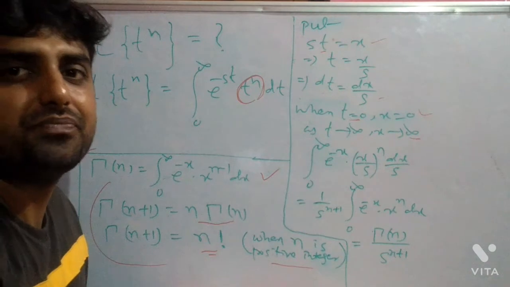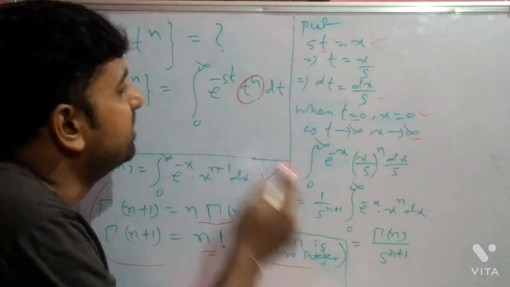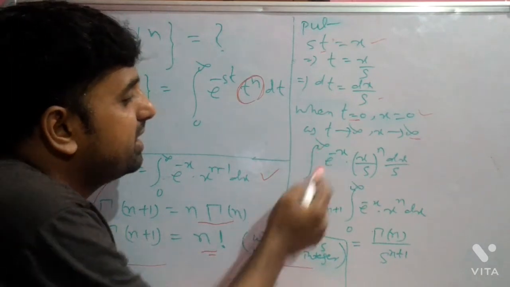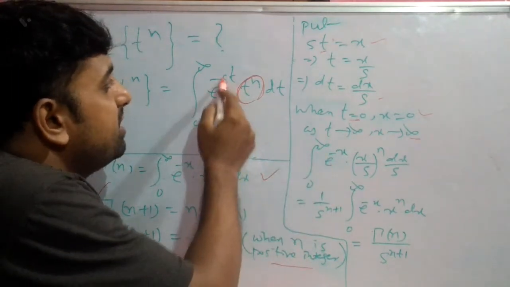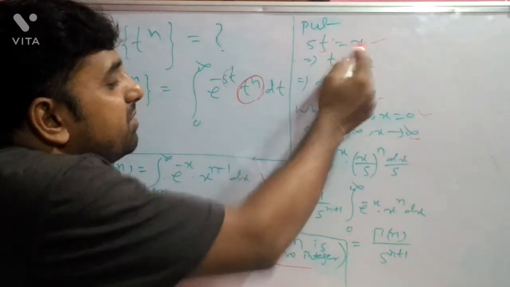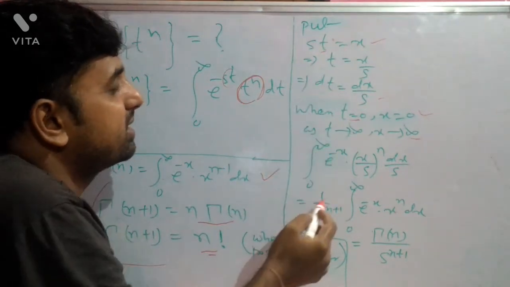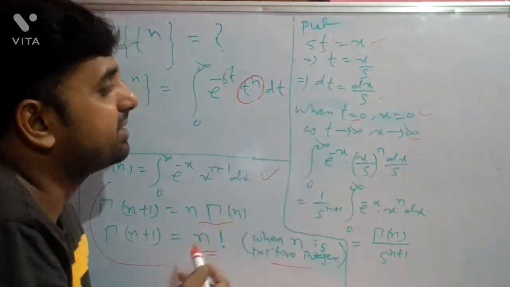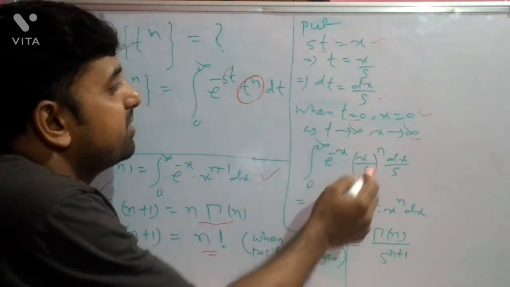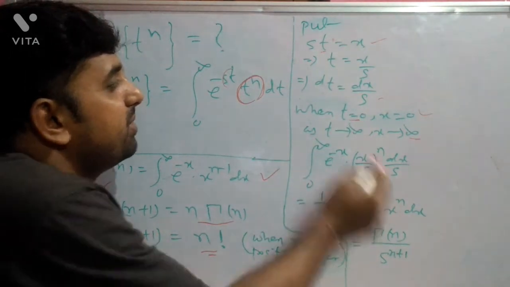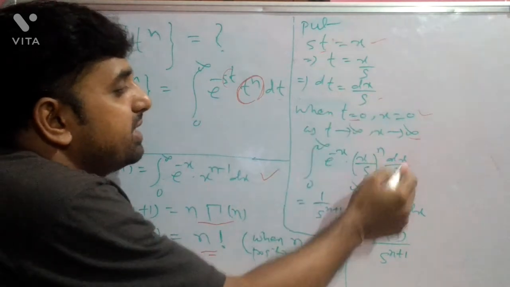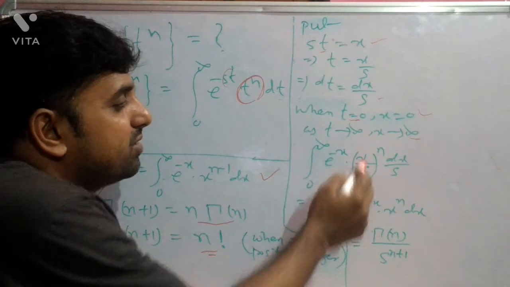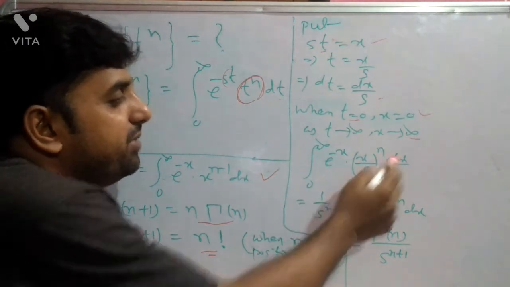So the integral reduces to what? 0 to infinity e to the power, in place of st put x, because st equal to x, so e to the power minus x. Then the value of t means x by s, so x by s whole to the power n, into, in place of dt it is dx by s. So we got e to the power minus x, x by s whole to the power n into dx by s.